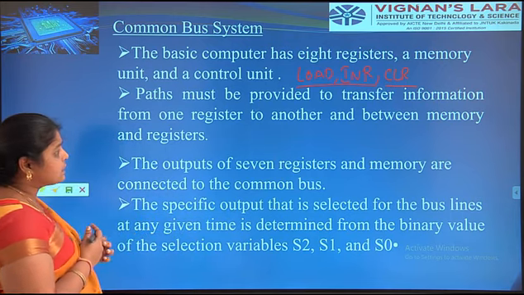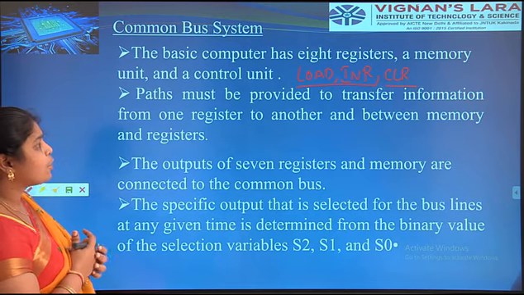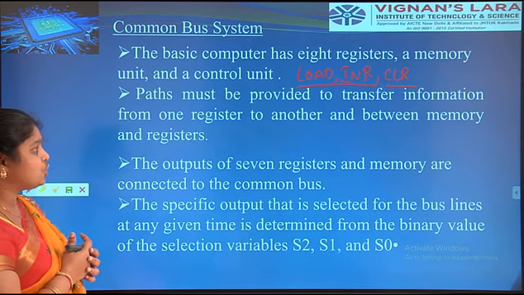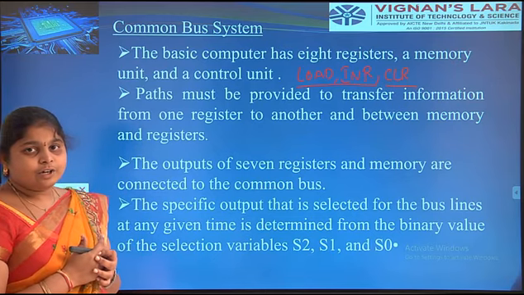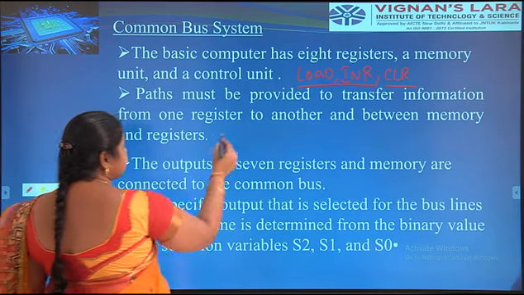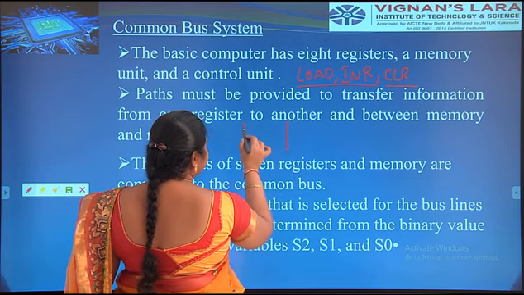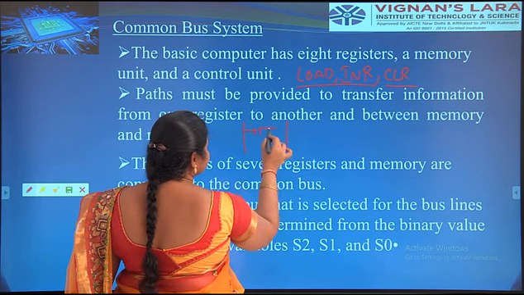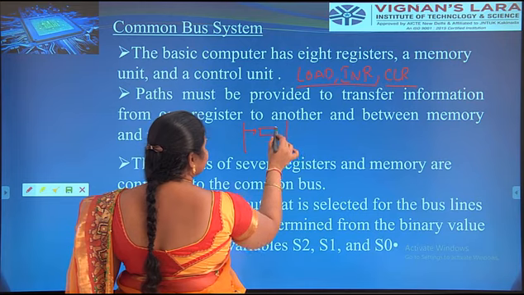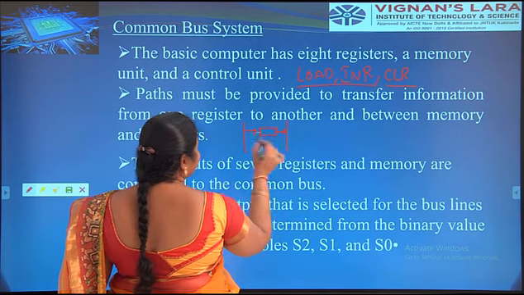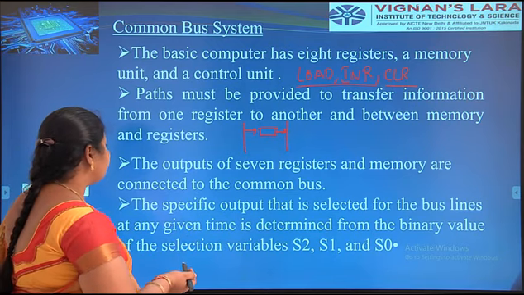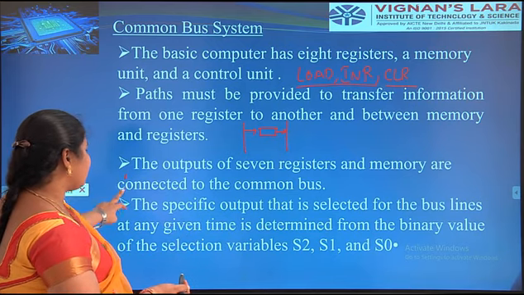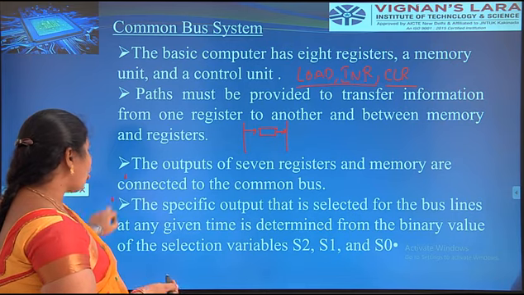Next, a path must be provided to transfer information from one register to another, and between the memory and the registers. Already we saw the common bus. This is the common bus. The information is transferred from one register to another, or between memory and register, using this common bus. The outputs of 7 registers and memory are connected to the common bus.